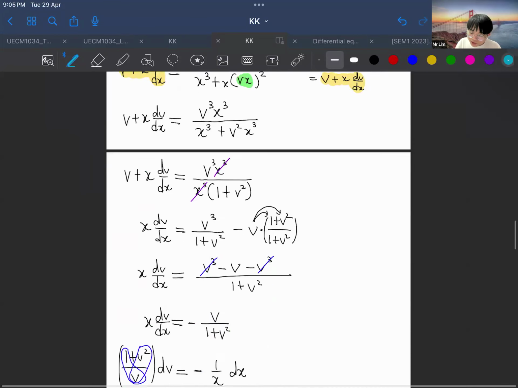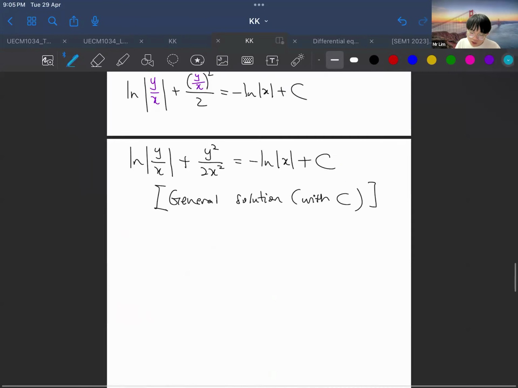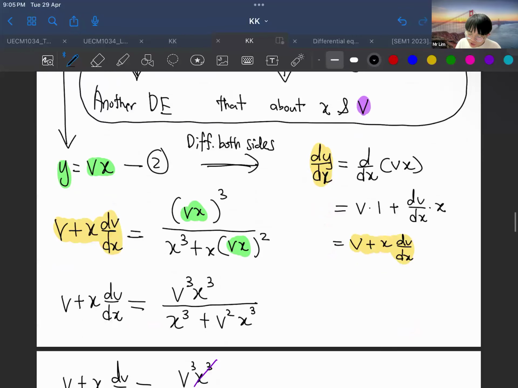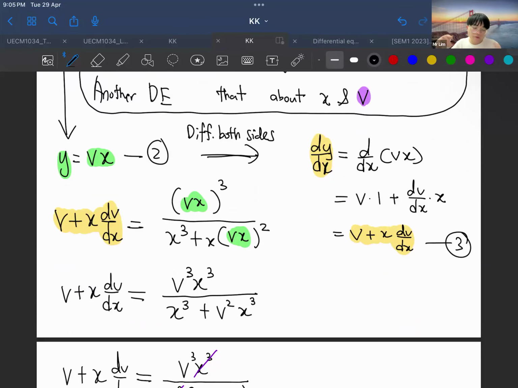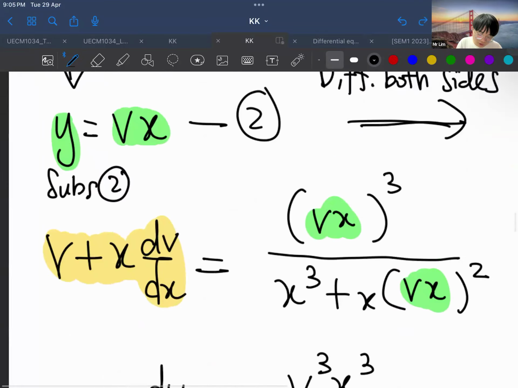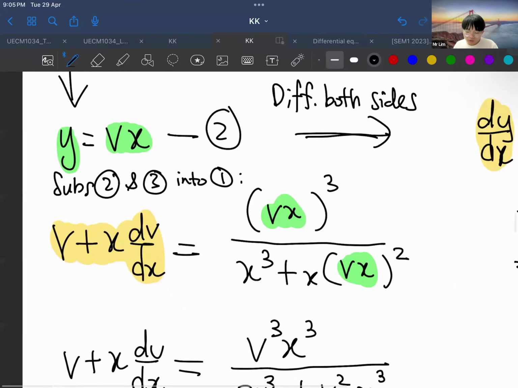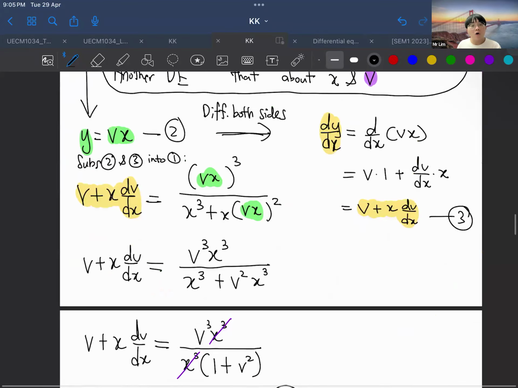Let's call this equation 4. Actually, I should call this 3. If you want, you can say substitute 2 and 3 into 1, but that is not necessary in STPM. So now I'm calling this equation 4.